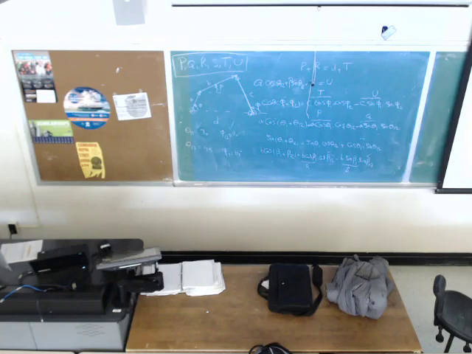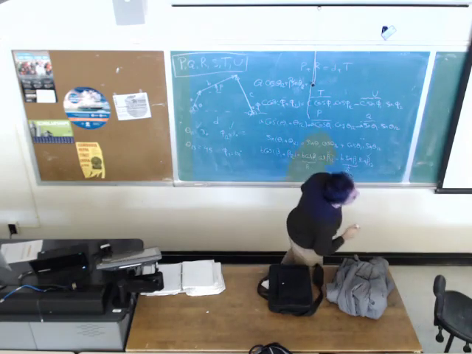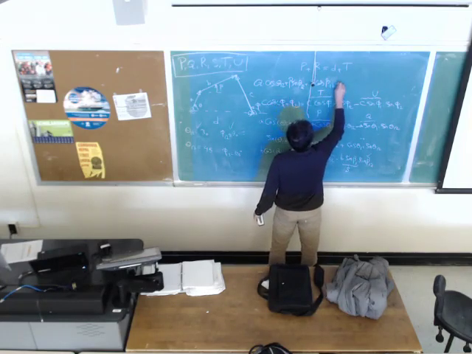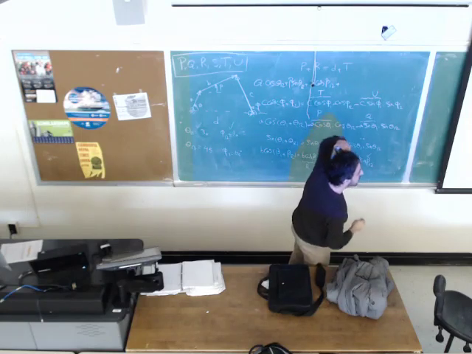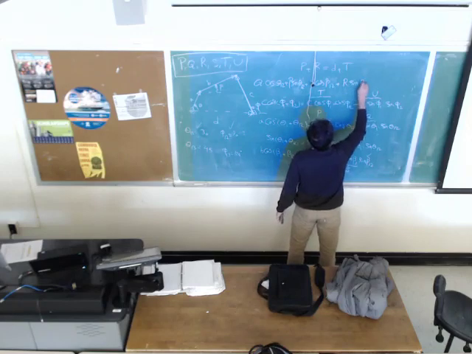So B sine of beta 1 is S, but it should be multiplied by cosine of beta 1 2, plus B cosine of beta 1, which is R, times sine of beta 1 2.